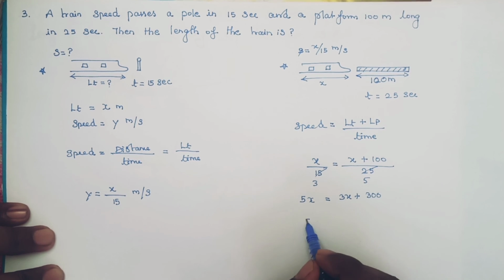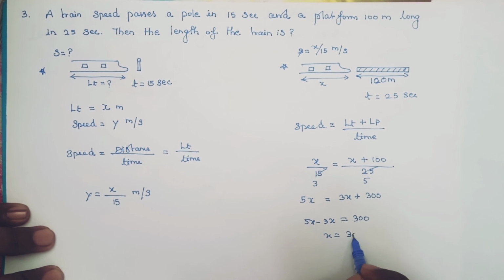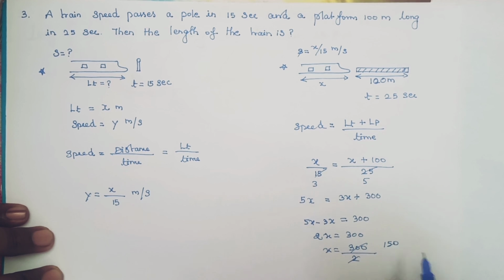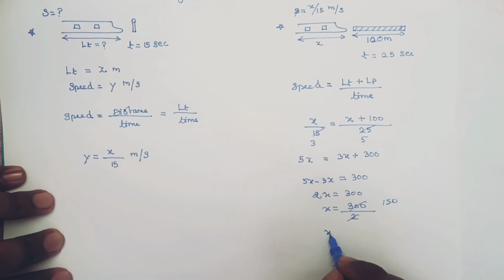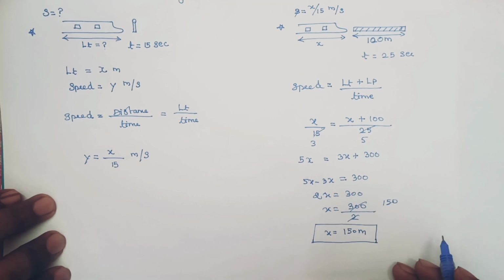So 5x minus 3x is 2x. So x equals 300 divided by 2, that is 150 meter. So the length of the train becomes 150 meter.